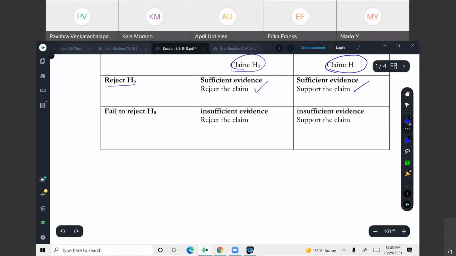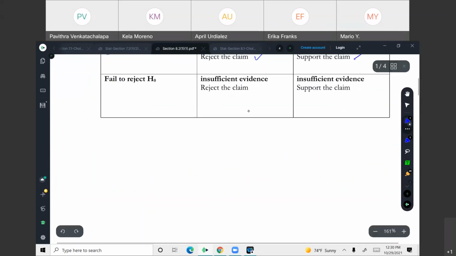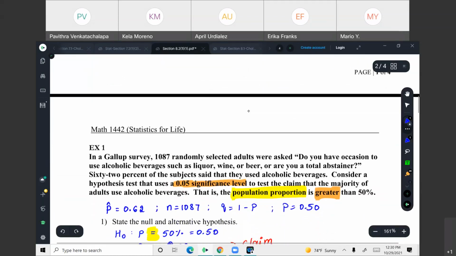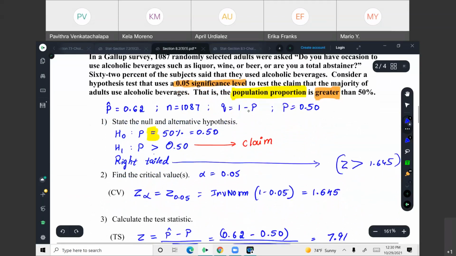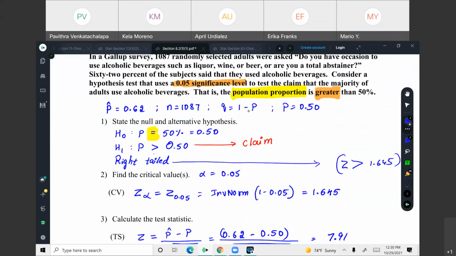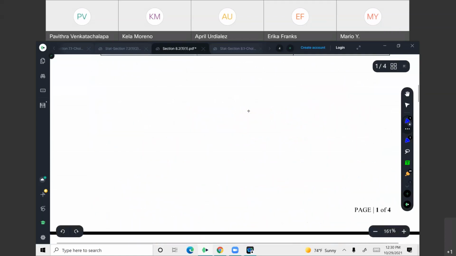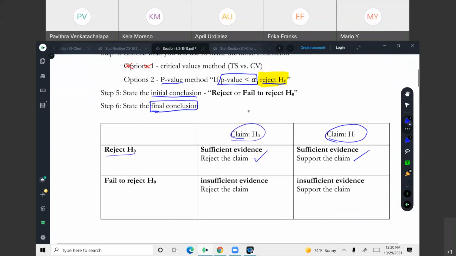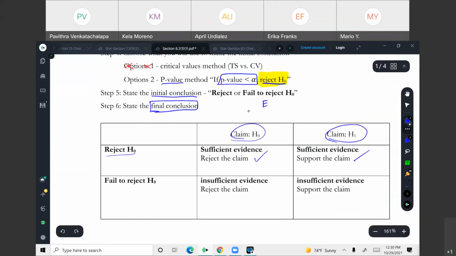Now, my initial conclusion is reject H naught. I will come to the example here and I will see which is the claim. Claim is H1, right? So go back to the table. So keep this in mind. According to example 1, the initial conclusion is reject H naught, and the claim is on H1.